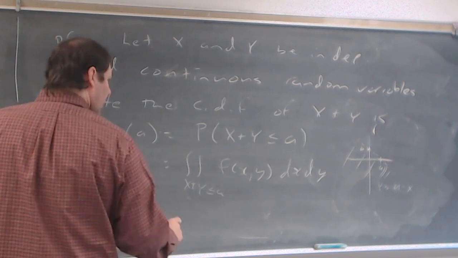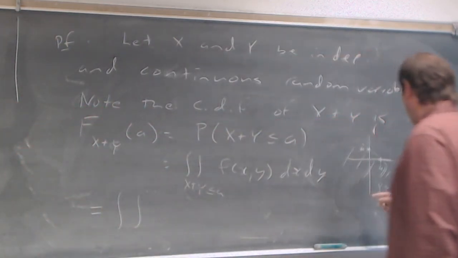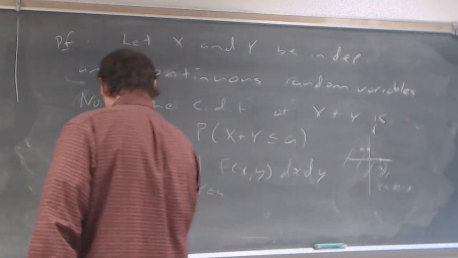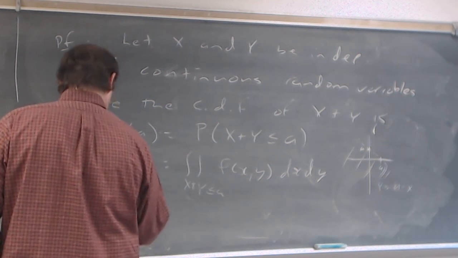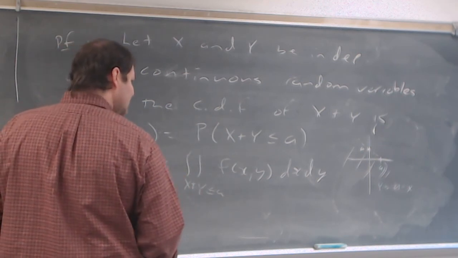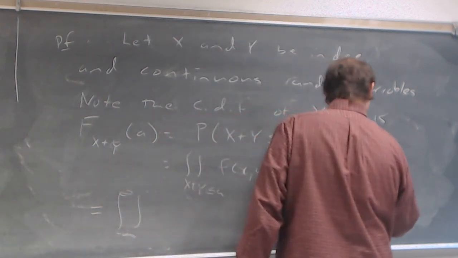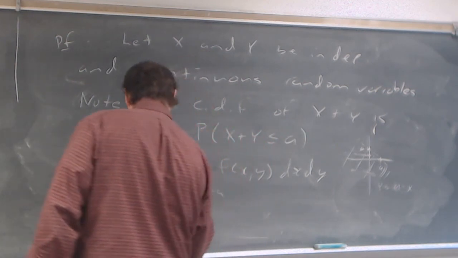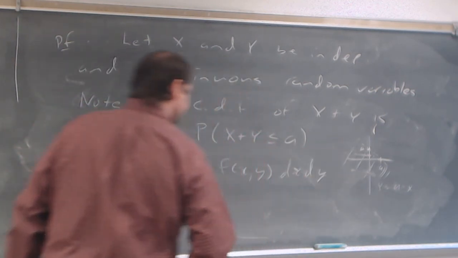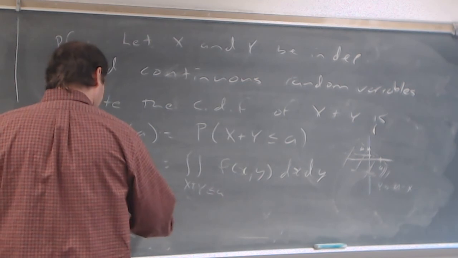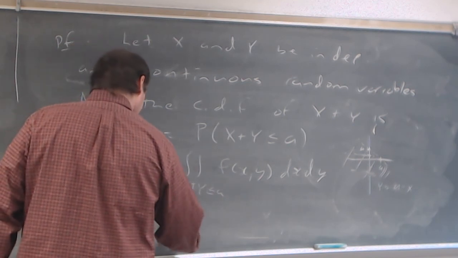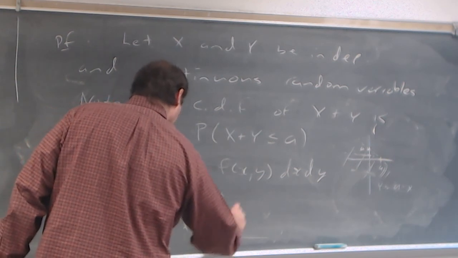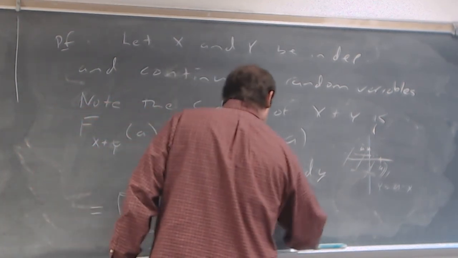Okay, so this is going to end up being the integral. So the y values, if I look up here, they run from minus infinity up to infinity over this whole region. And then the x values for a particular y, let's say from here, they run from minus infinity up to this line. And so that line, in terms of solving for x, is a minus y. And here this will be f sub x of x times f sub y of y dx dy due to the independence.